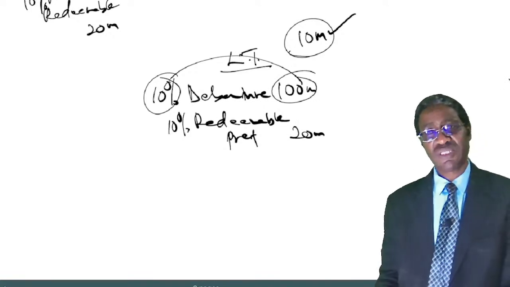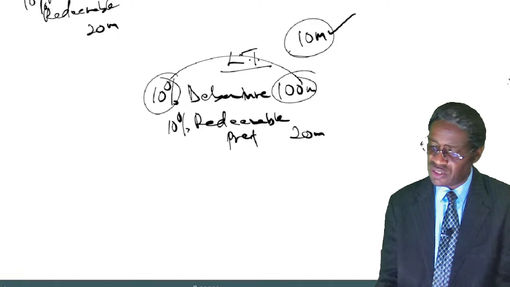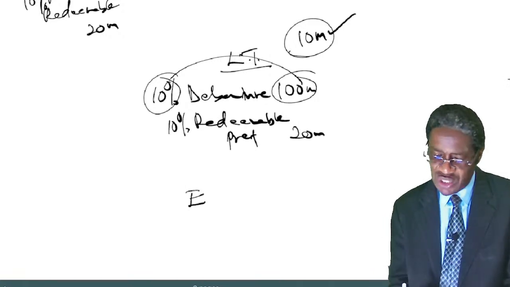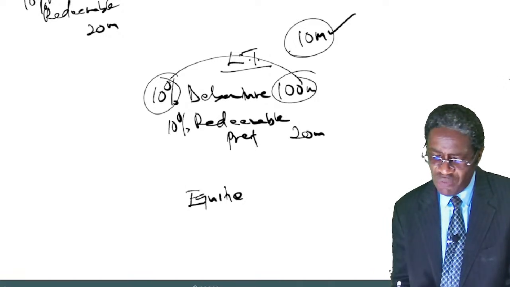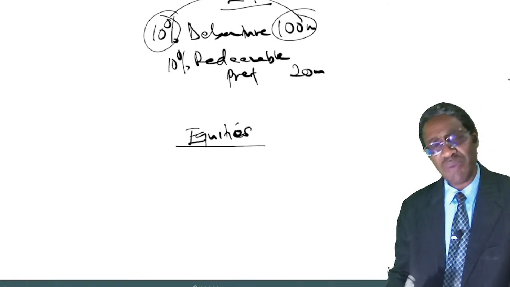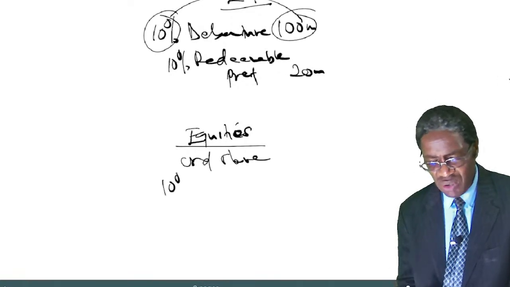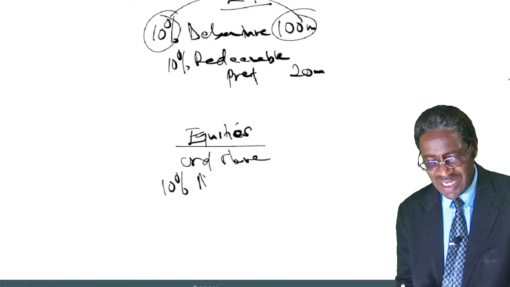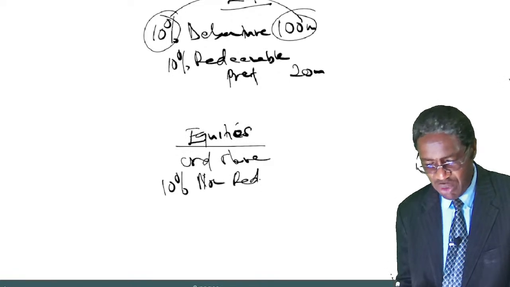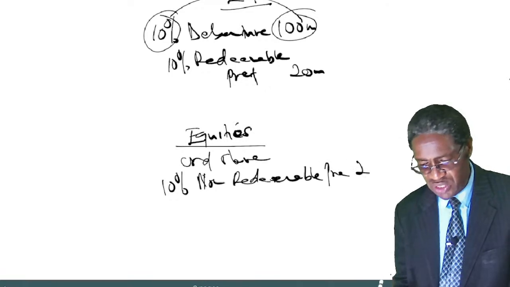So together with the debentures, that's where you will take your 10% redeemable preference share, which is worth 20 million. The other point, for the non-redeemable preference shares, you now take them to the balance sheet as a component of equity. Among the equities there, where you normally have ordinary share capital, it is there that you take the 10% non-redeemable preference shares worth 20 million.